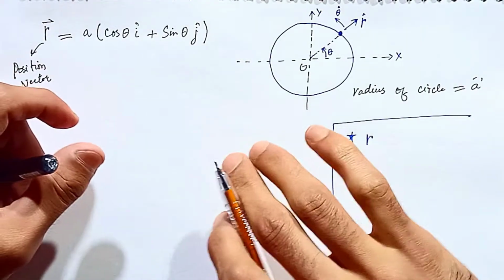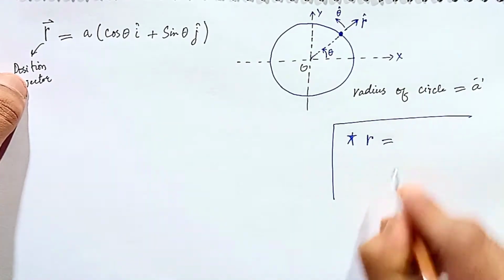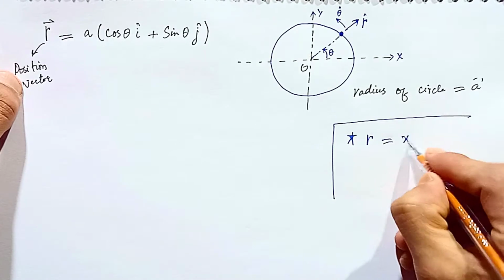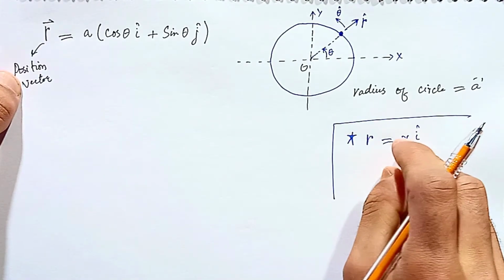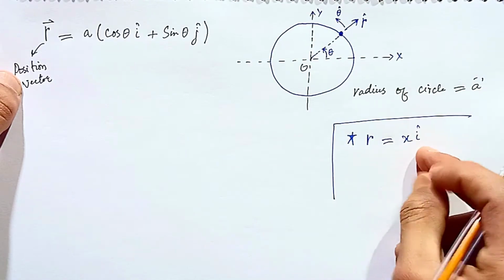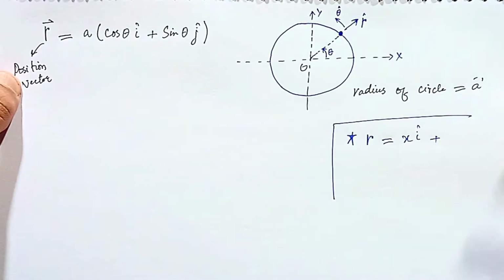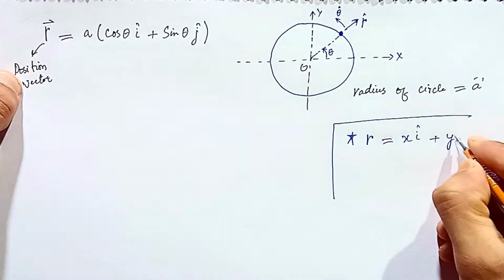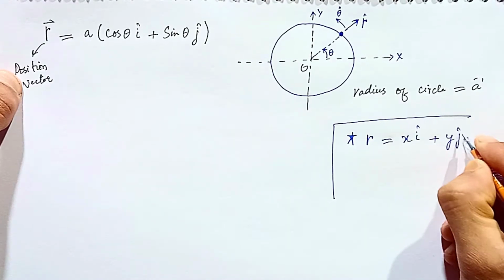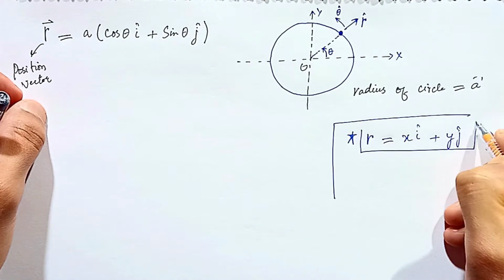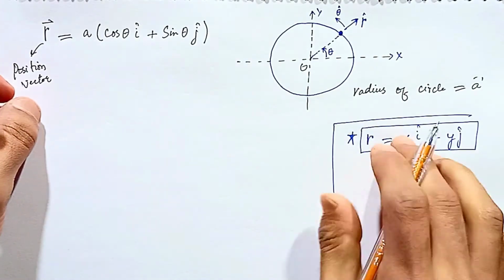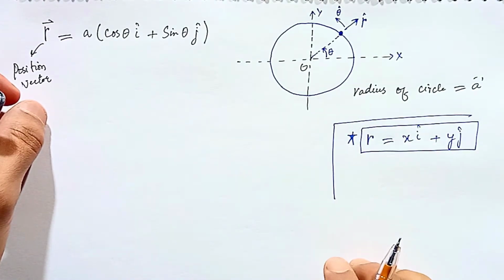Any vector in the Cartesian coordinate system is represented by its x magnitude along the x-axis plus its y magnitude along the y-axis. This is the general representation of any vector in the Cartesian coordinate system.